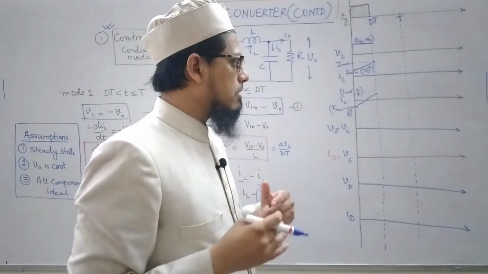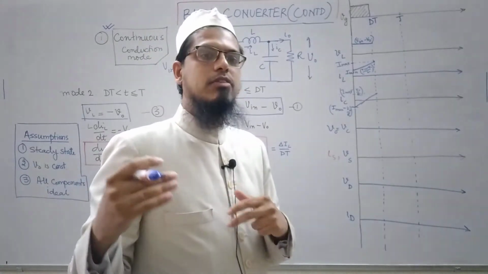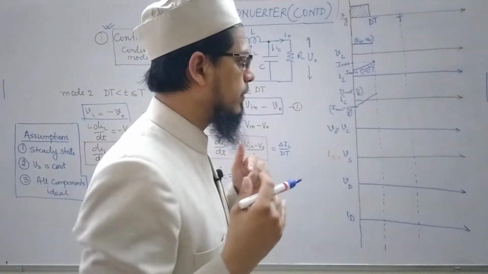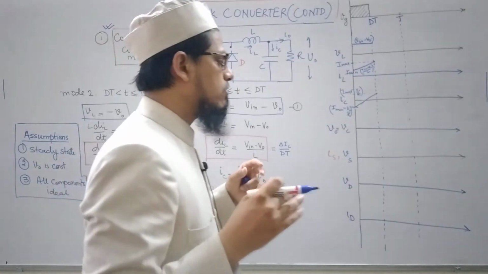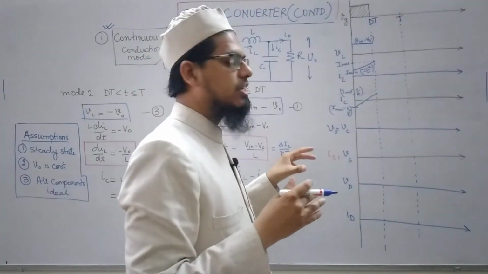For the time being, let me assume that there is a slight variation in the output voltage. That variation is very small, and let us see how it would be there.